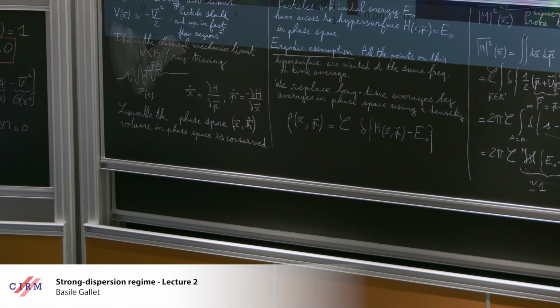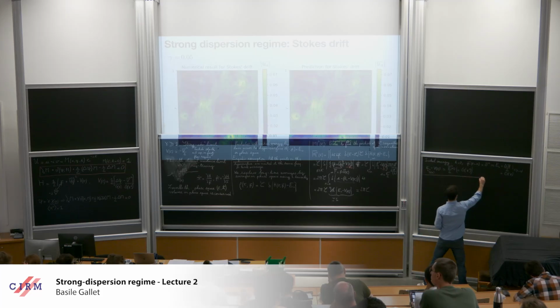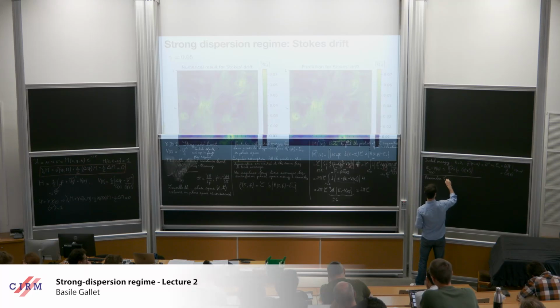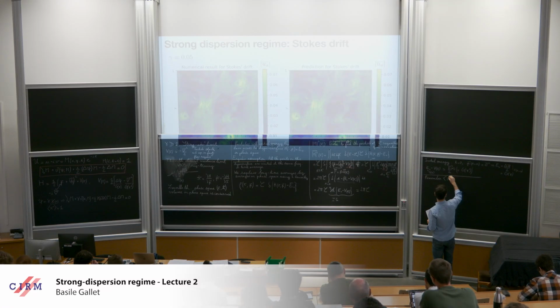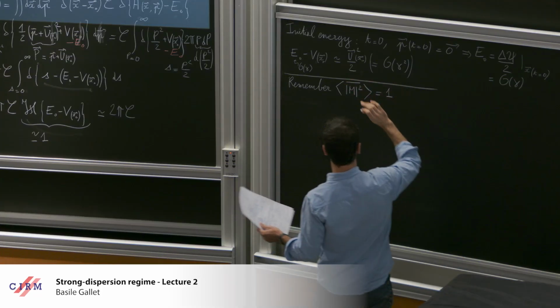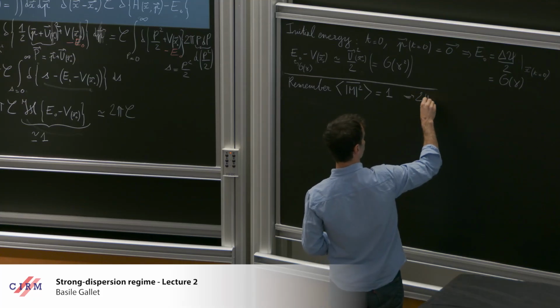So we get a uniform probability 2 pi c. Now, going to continue here maybe. Remember that the action is conserved, so the space average of m squared, which I can time average as well, has to be 1, and has to be 1 at any time, in fact. So this 2 pi c must be equal to 1.